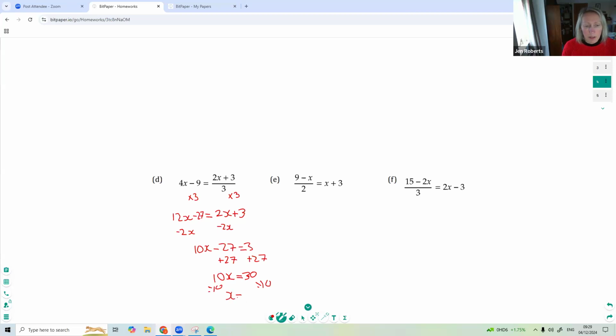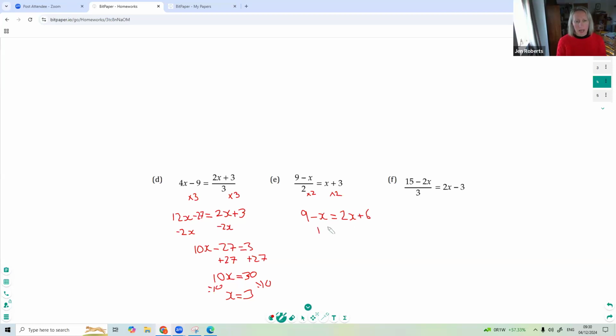Okay, this one. Now these two are quite tricky here. Hopefully you remembered what to do. But anyway, first step is the same, times both sides by 2. If I times the left-hand side by 2, we have 9 minus x. If I times all this right-hand side by 2, we get 2x plus 6. Okay, now, the least amount of x is a minus x.